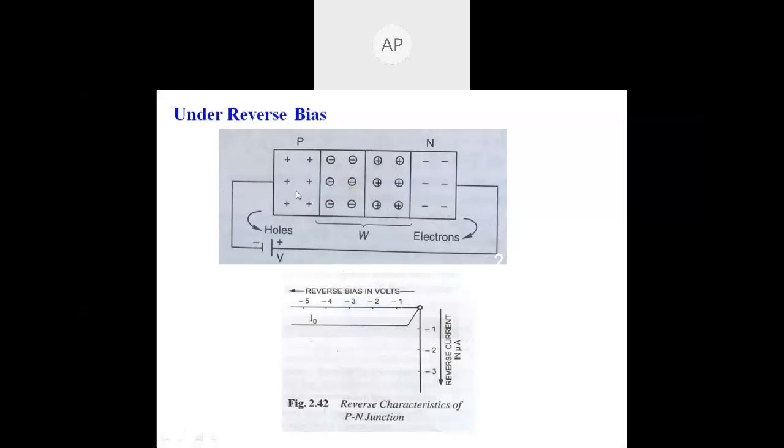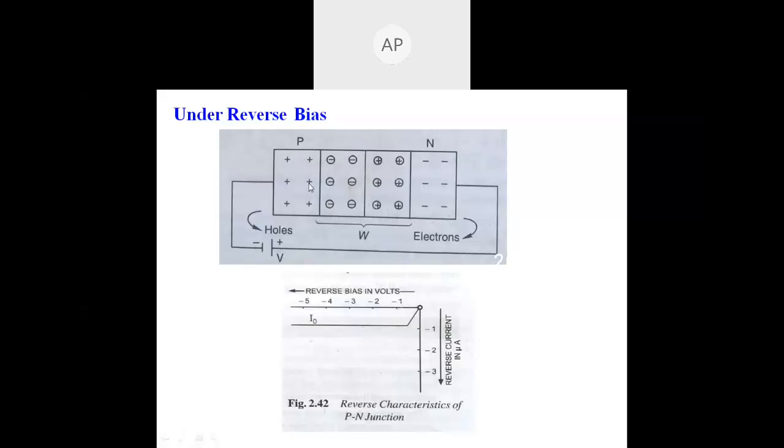If we want the carriers, holes and electrons, to move and combine, we should break this barrier. To break this barrier, we need to apply an external voltage V such that it is greater than the barrier potential.